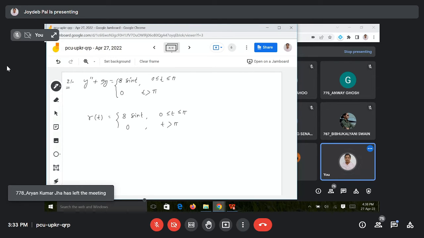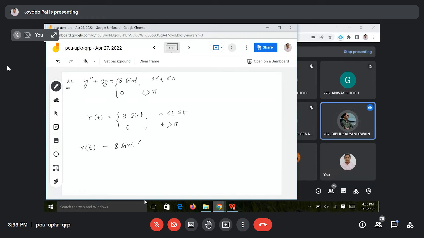So in a single line, what can I write? In terms of the Heaviside function, 8 sin t is defined only in the interval 0 to pi. So you can express it in the Heaviside function. What is the technique? I told: 8 sin t u(t) minus u(t minus pi).